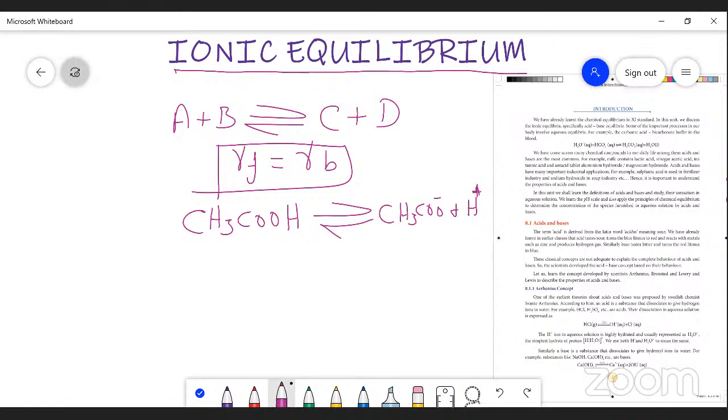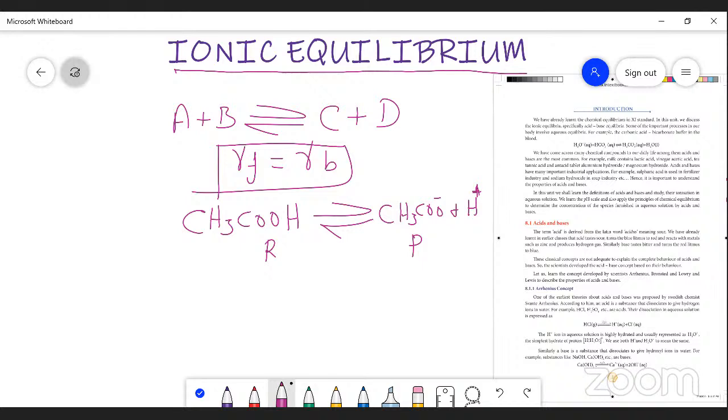There is an equilibrium between dissociated and undissociated particles. Acetic acid is dissociated to acetate ion and H plus ion. There is an equilibrium between these two. One may be the reactant and the other the product. This is called ionic equilibrium.